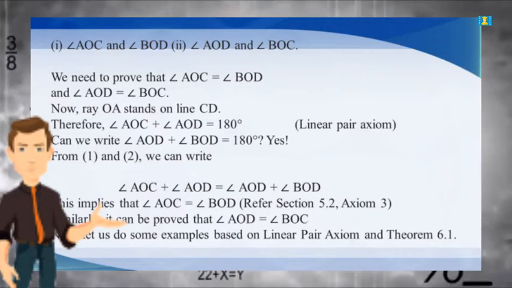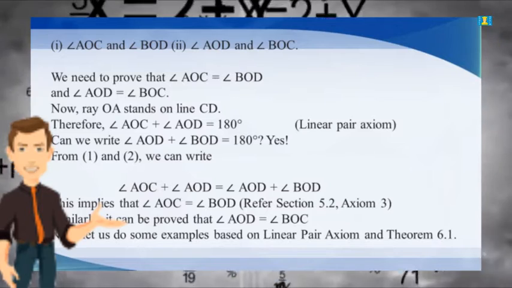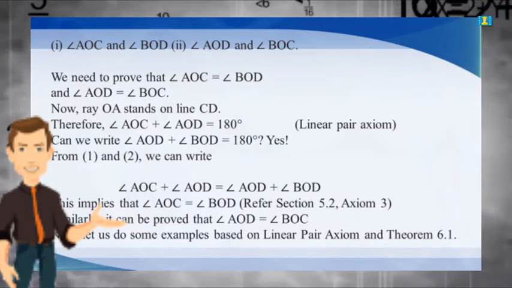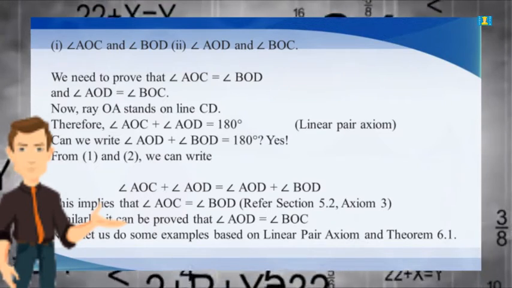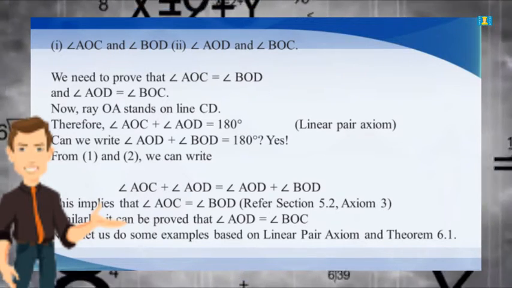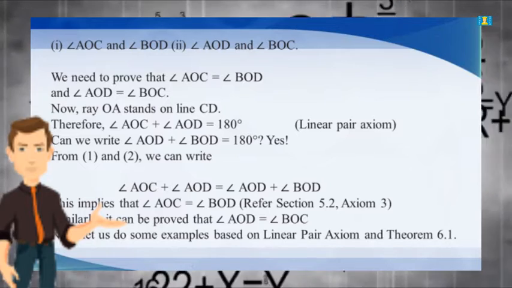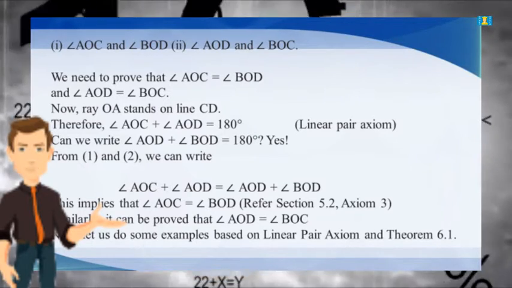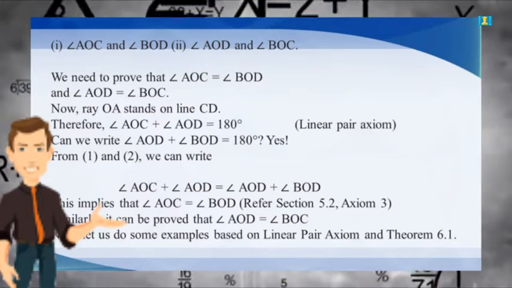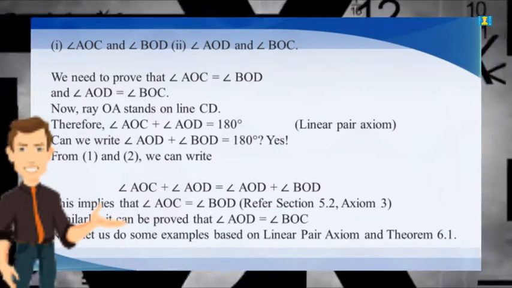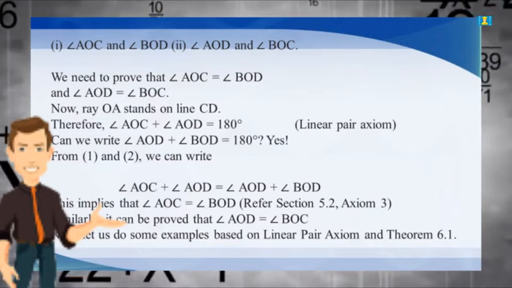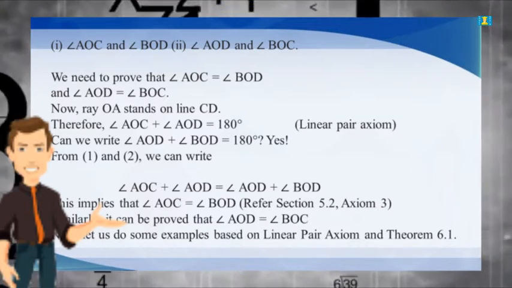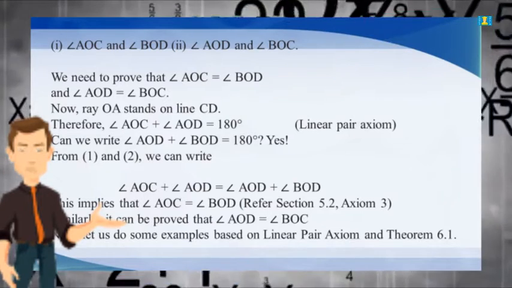From equations 1 and 2, we can write angle AOC plus angle AOD equals angle AOD plus angle BOD. This implies that angle AOC is equal to angle BOD. Similarly, it can be proved that angle AOD is equal to angle BOC.